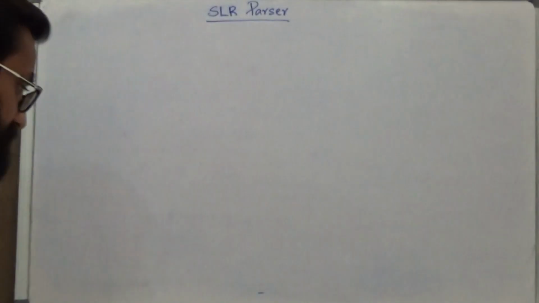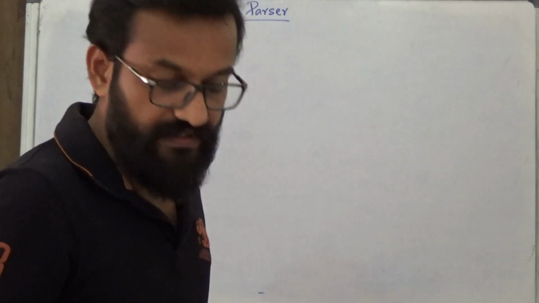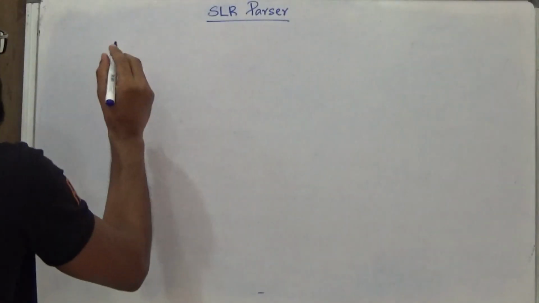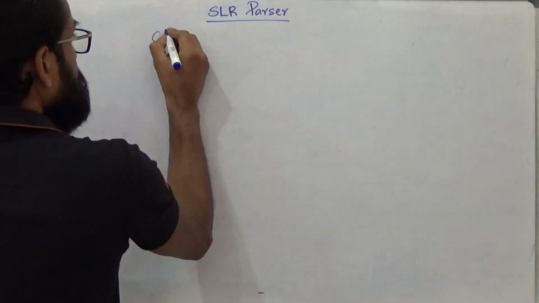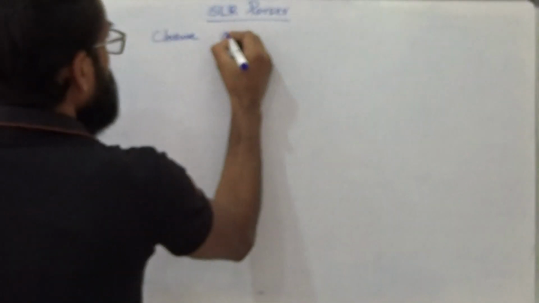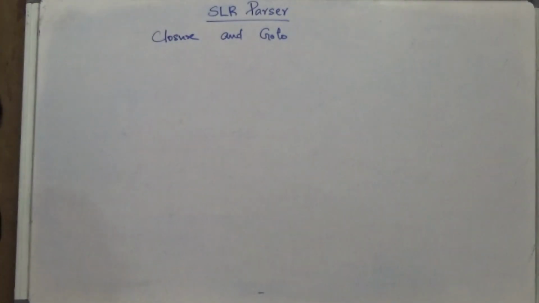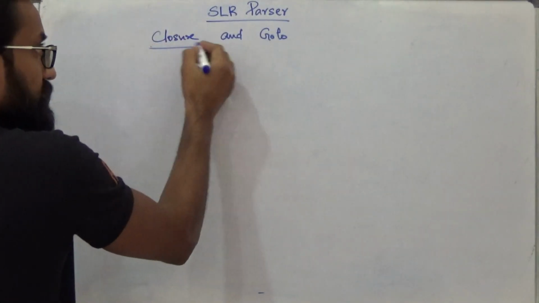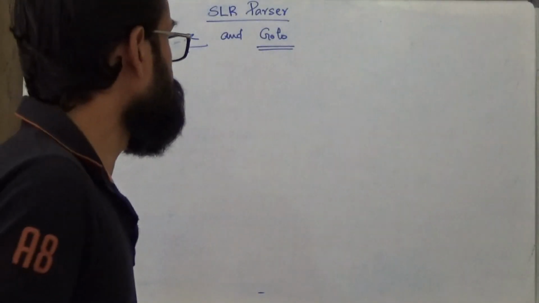So in order to determine the collection of LR0 items, you need to be familiar with two operations: closure and goto. And I will try to illustrate closure and goto with an example.